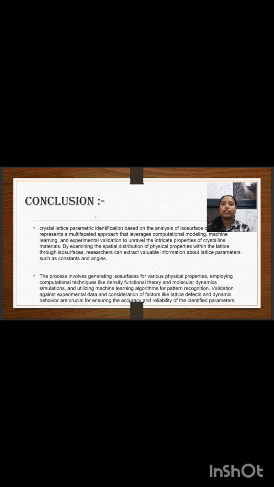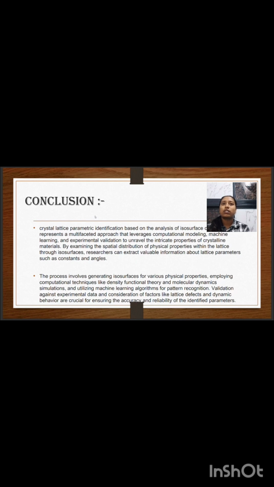Validation against experimental data and consideration of factors like lattice defects and dynamic behavior are crucial in ensuring accuracy and reliability of the identified parameters.